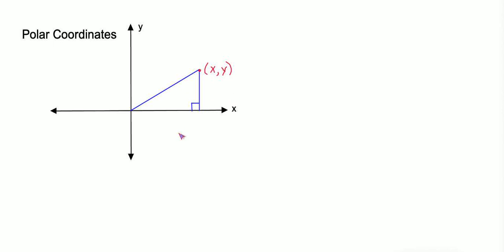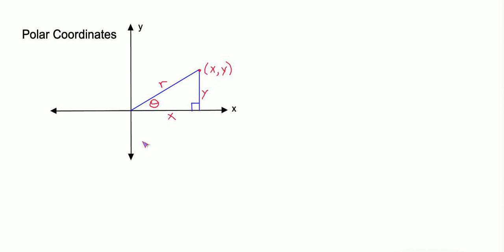That means this distance is x and this distance is y. And remember, we're calling this length r. Now, this is our angle theta. So if we know x and y, we want to be able to find r and theta.